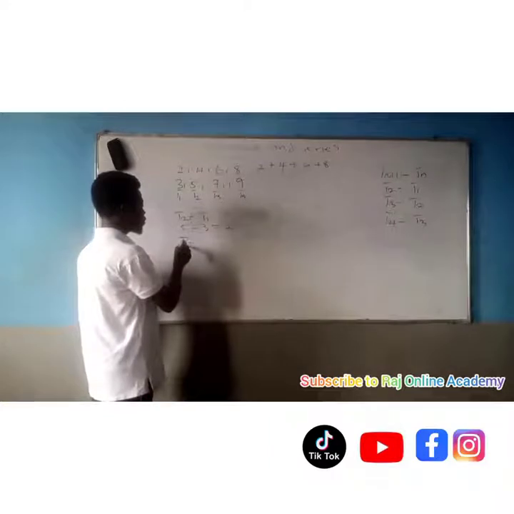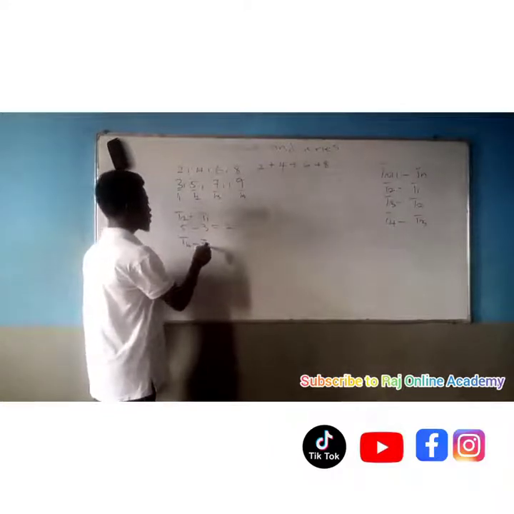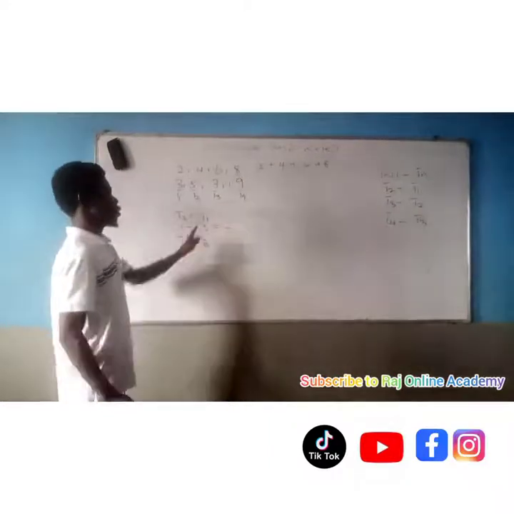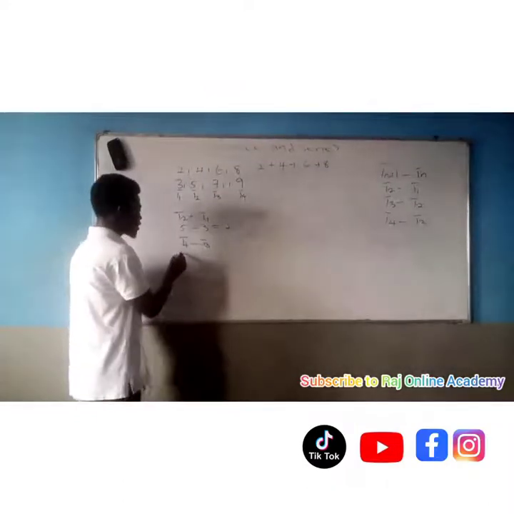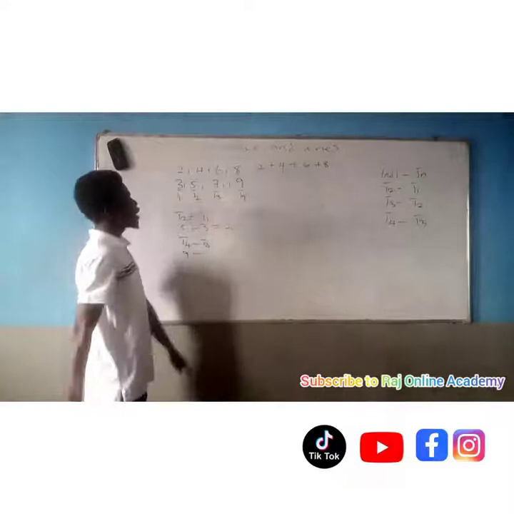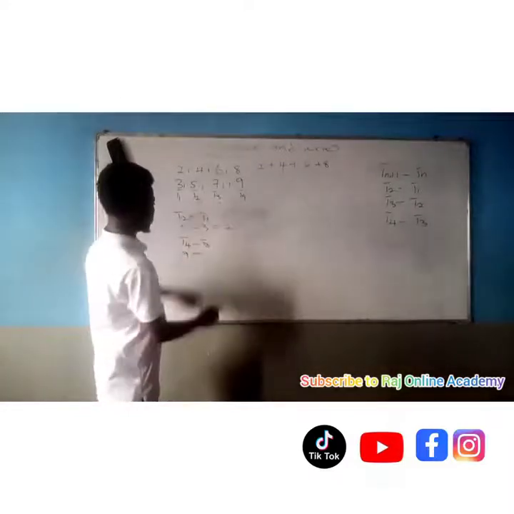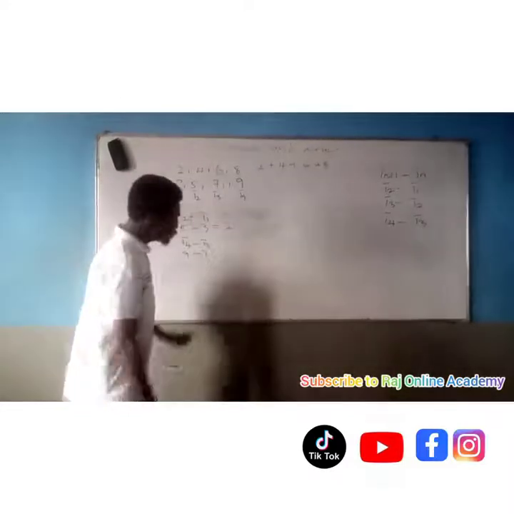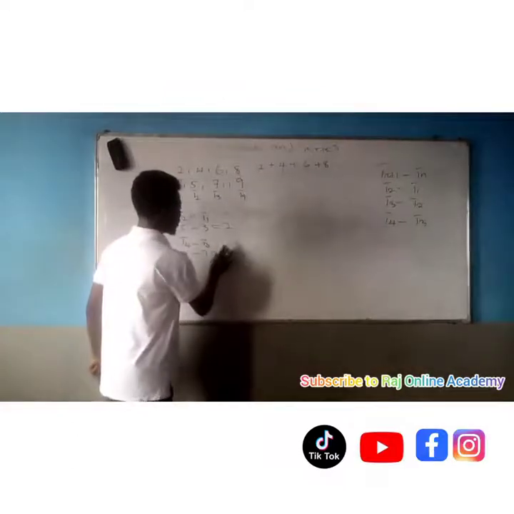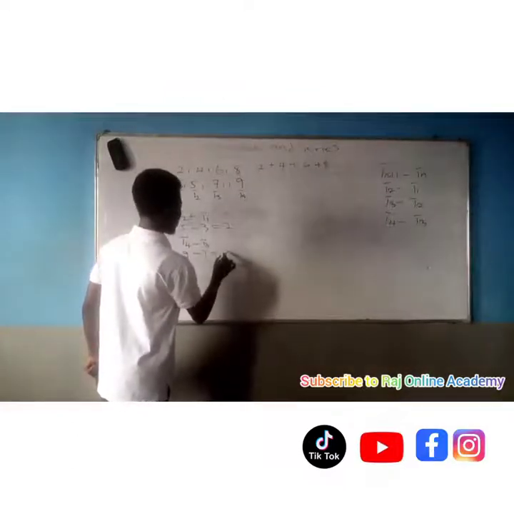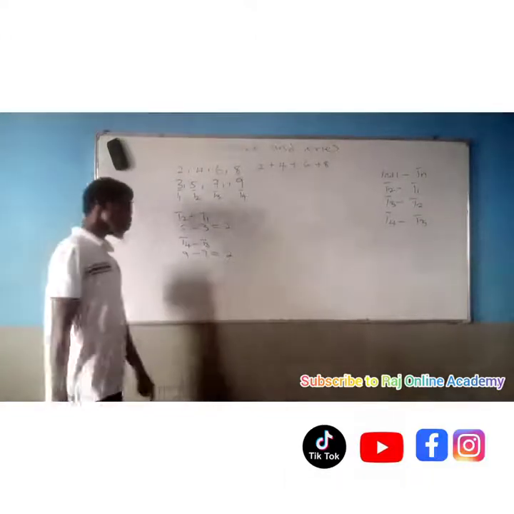What is T4? From the expression, T4 is 9. Now 9 minus T3, and T3 is 7. So 9 minus 7 is equal to 2.